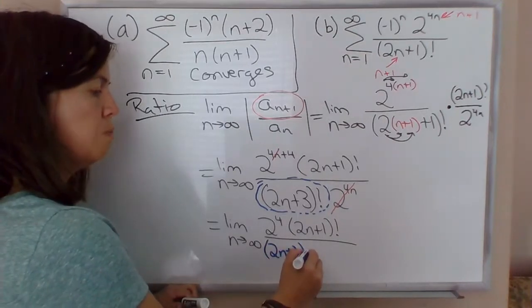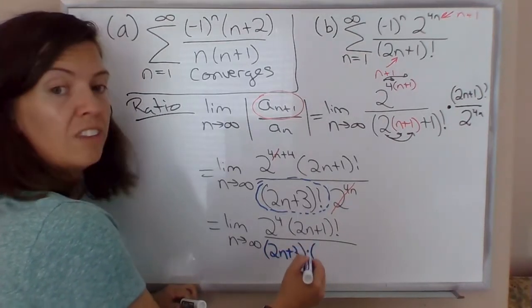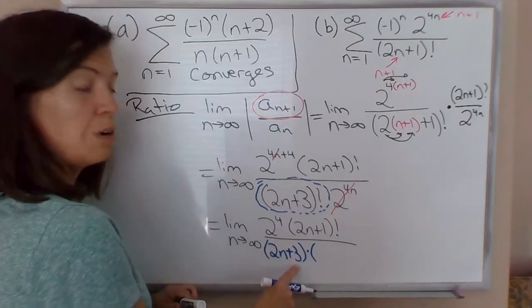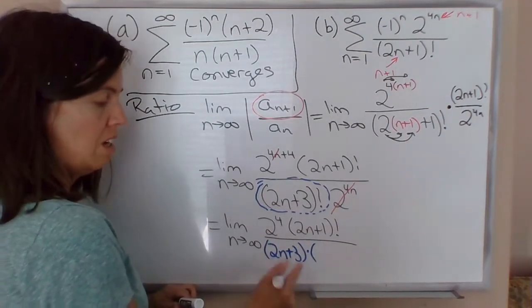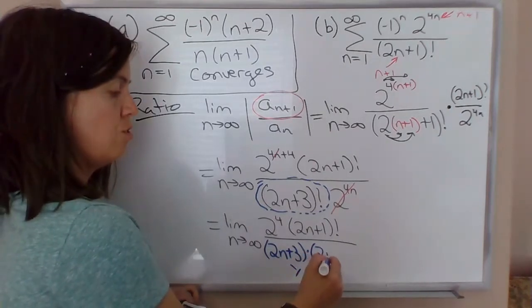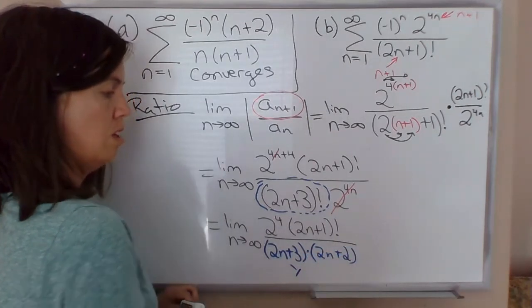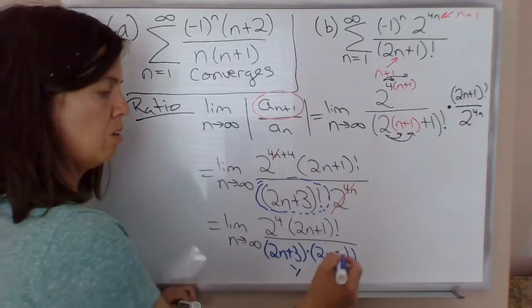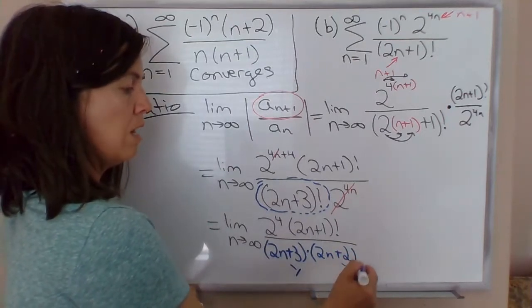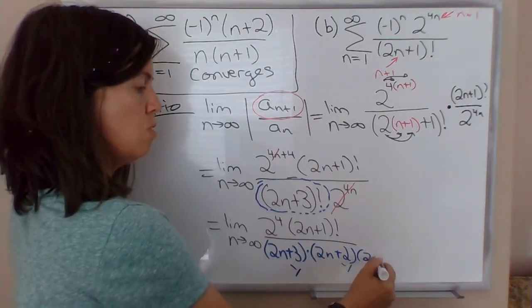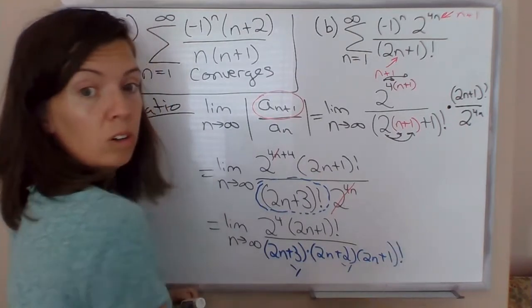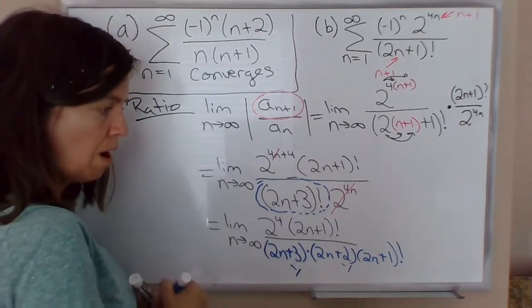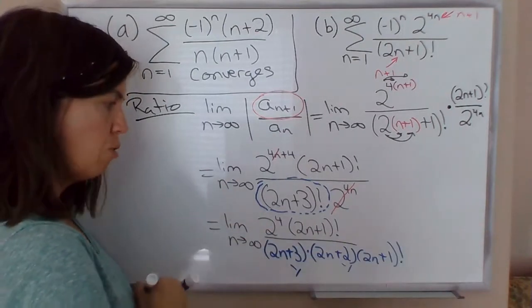The factorial would be 2n plus 3 times the integer that comes right before it. Take one away, that's 2n plus 2. I'm still not matching the numerator, so I take one away again. That would be 2n plus 1. And there we go. So we would write (2n plus 1) factorial, which covers the product of all the integers all the way back down to 1.